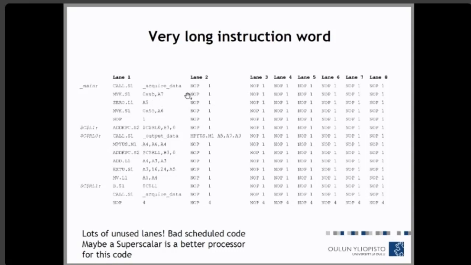It's like we have 8 processors in parallel, and all the lanes from lane 2 to lane 8 are almost all the time filled with no operation. So nothing was assigned to them to do. They are just sitting there idle, and only lane 1 does work in this sequential manner, and this becomes very, very inefficient.